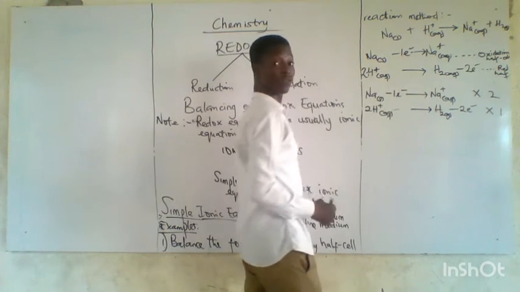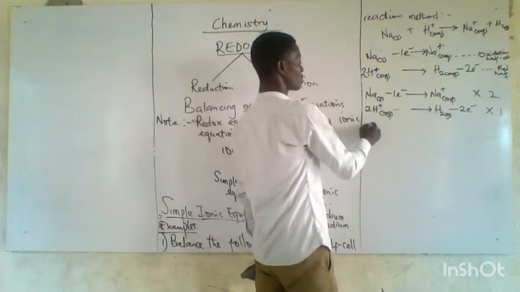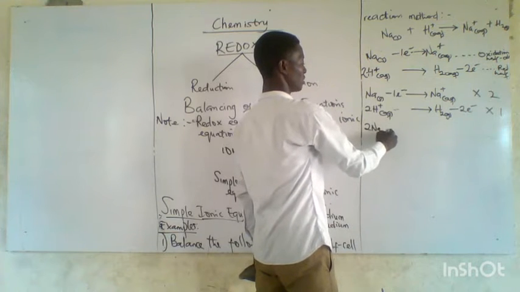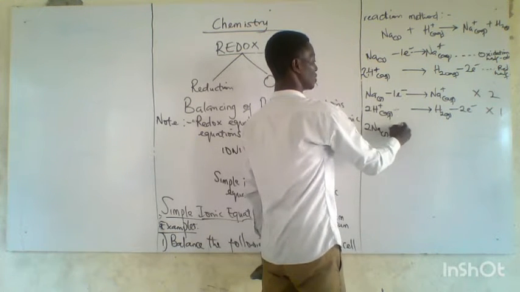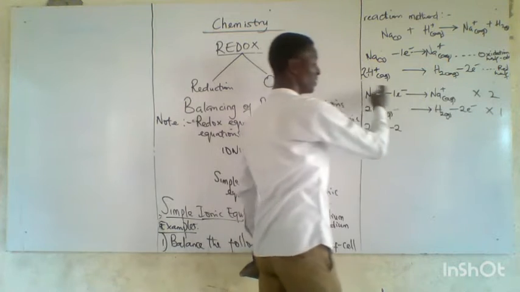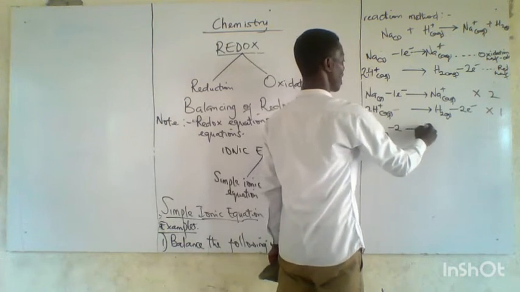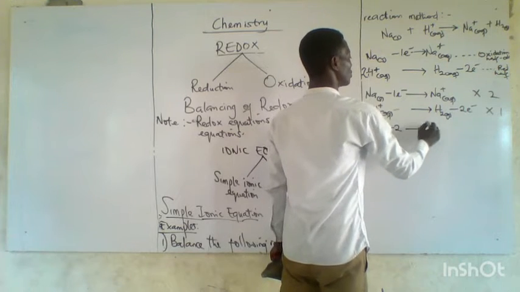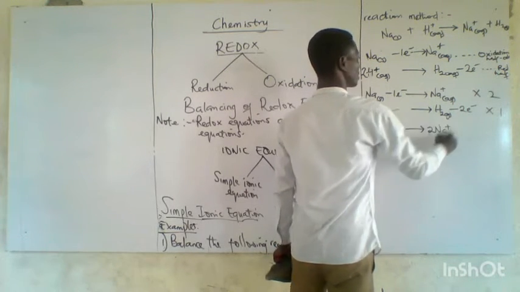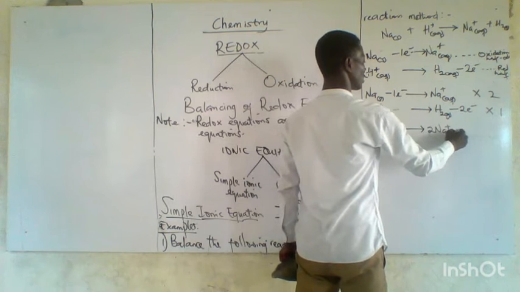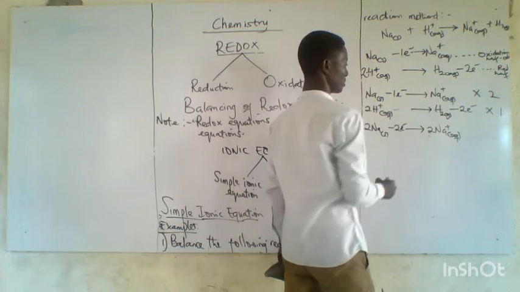For the oxidation half, I'll have 2Na solid minus 2. The 2 is affecting everything. So minus 2 to have 2 sodium plus aqueous e minus, right?